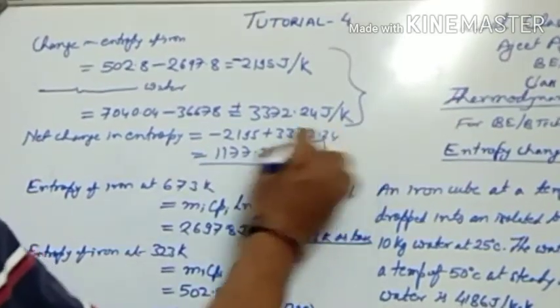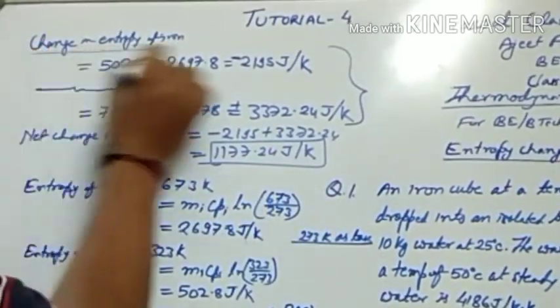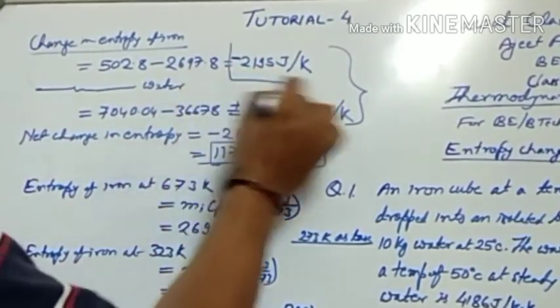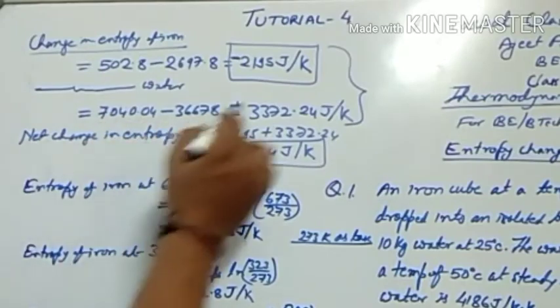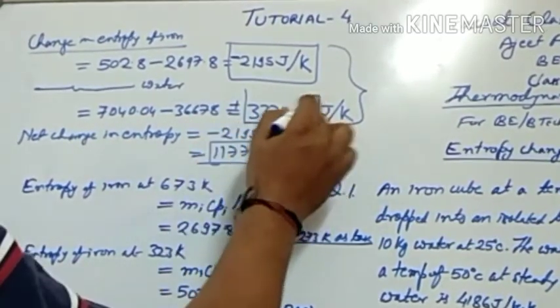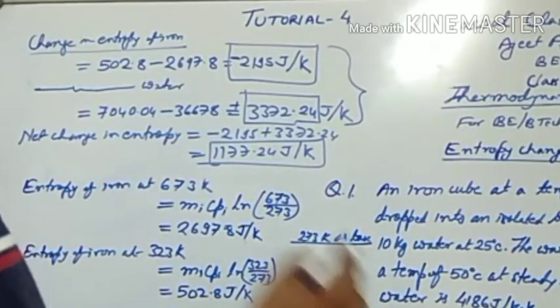So, the first question: the change in entropy of the iron is minus 2195, and the change in entropy of water is 3372.24. And is the process reversible?